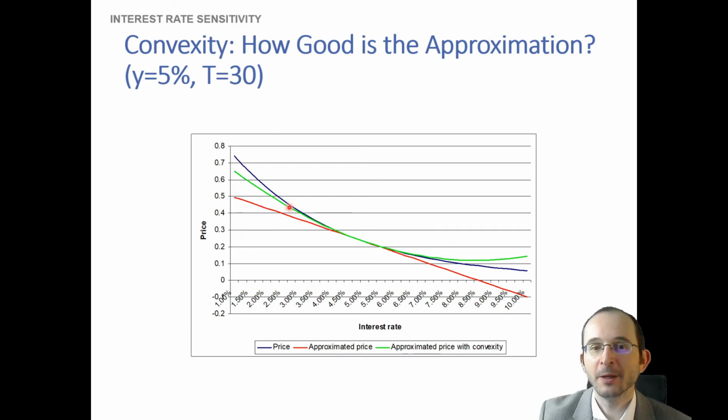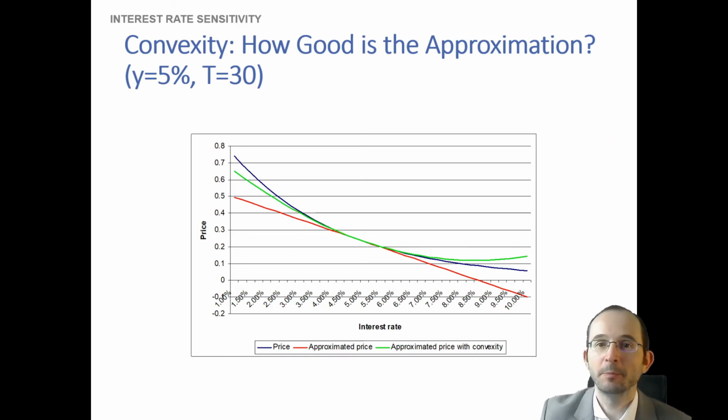We still get some deviation of the true price of the bond in blue relative to the forecasted price of the bond in green, but over a longer range of interest rate changes, we actually make a better forecast than we did just using the linear one. So I would say maybe from about 7.5, in other words, up 2.5%, to down maybe about 2.5%, now we actually match the bond's prices much more closely.